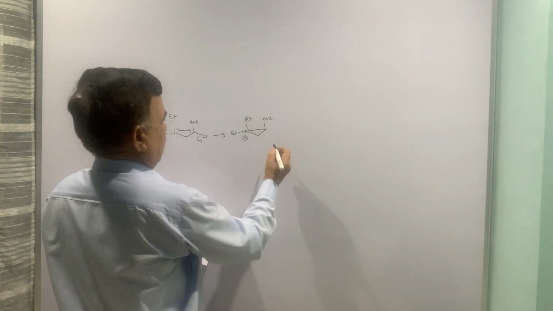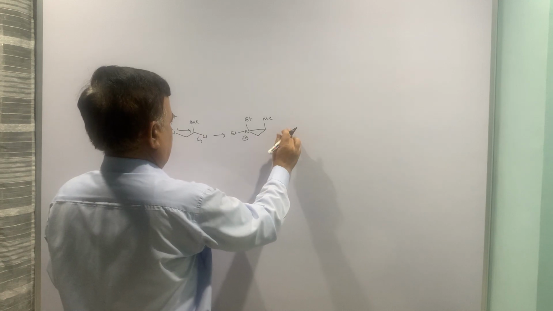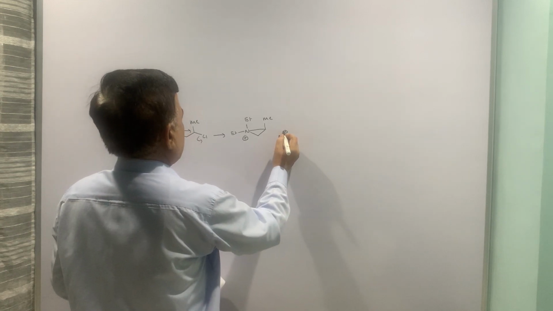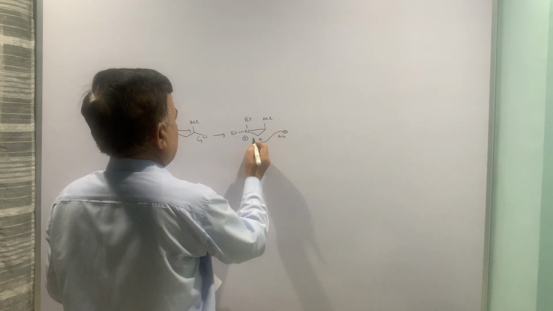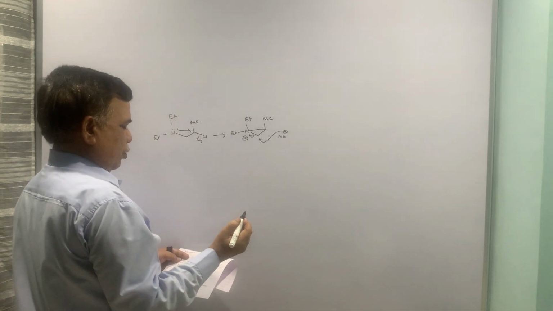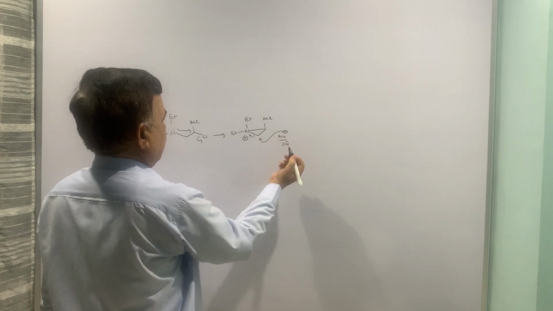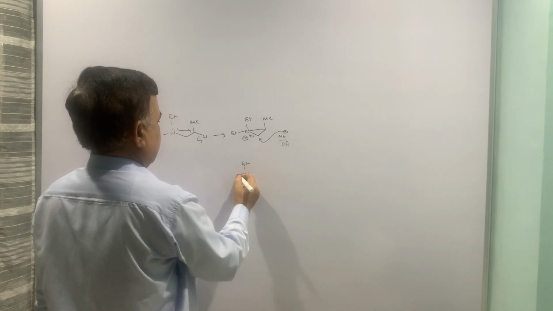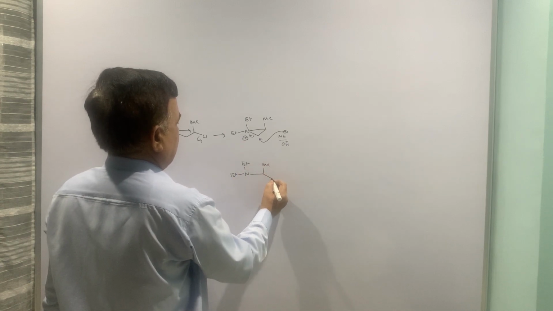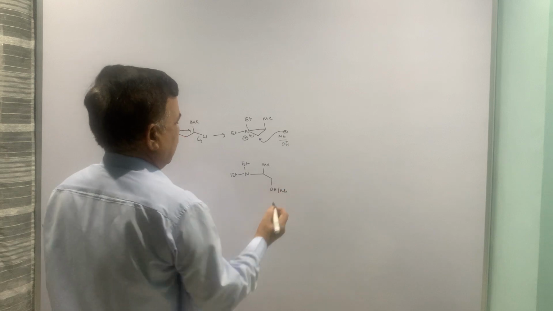And if a nucleophile attacks here, then it will be CH2 OH or OH minus, whatever nucleophile you can take, NMe, that is there, the positive charge is neutralized, and now it will be methyl, and then CH2, and you can have OH or nucleophile, whatever you have, that is there.